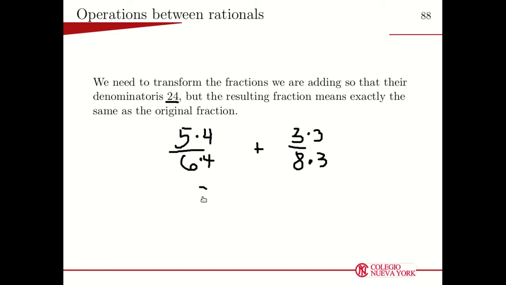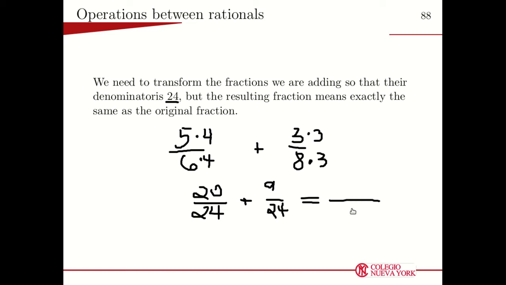5 times 4 is 20. And 6 times 4 is 24. For the other fraction, 3 times 3 is 9. And 8 times 3 is 24. And now our denominators are exactly the same, so we can add just like we were doing before.